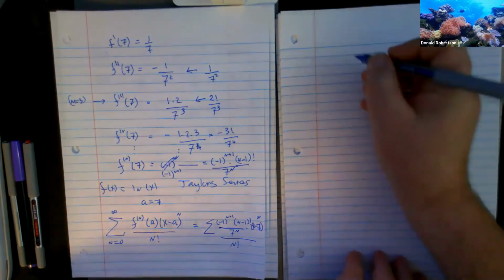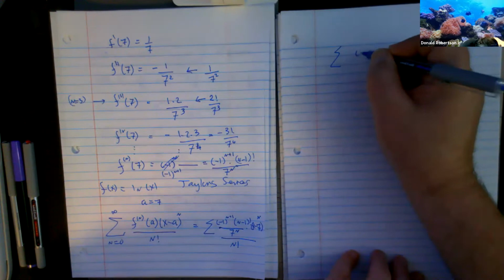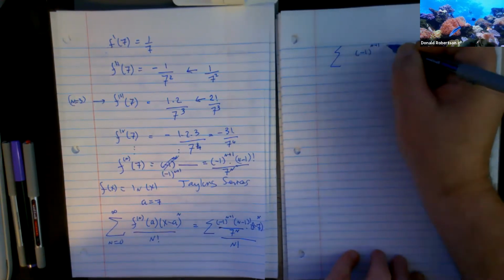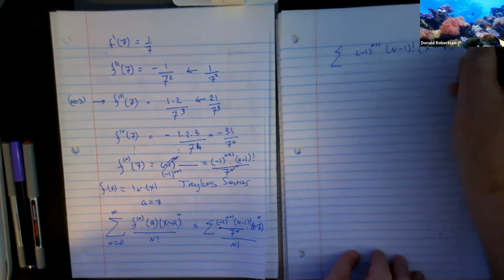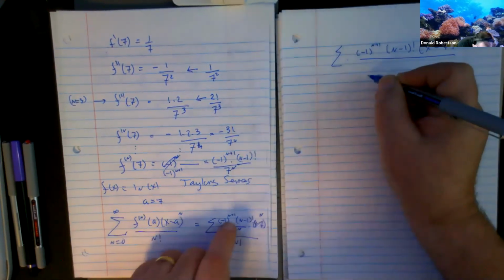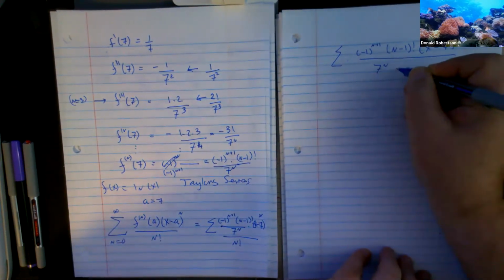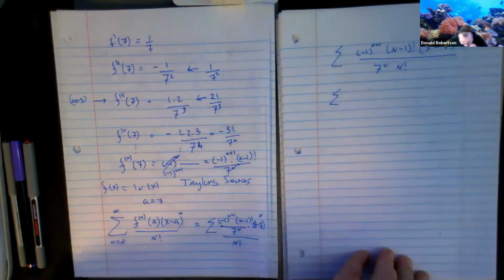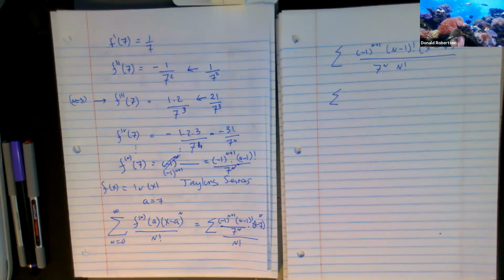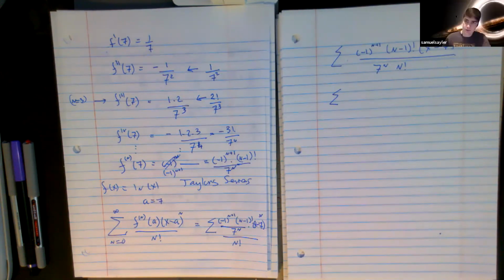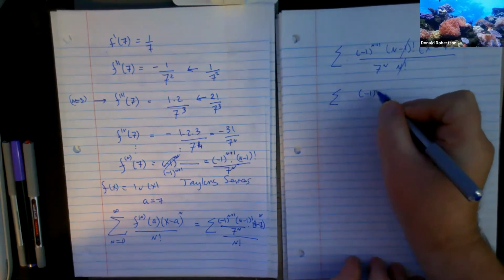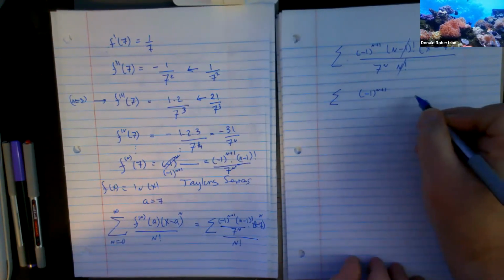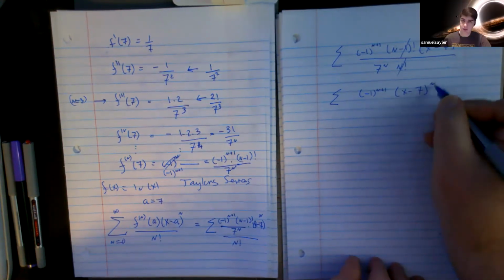So we are looking at negative 1 to the n plus 1, n minus 1 factorial, x minus 7 to the n, and on the bottom I have these two guys. Is there any simplification that is possible here? The factorials. And when you do that, what's left behind? N on the bottom.